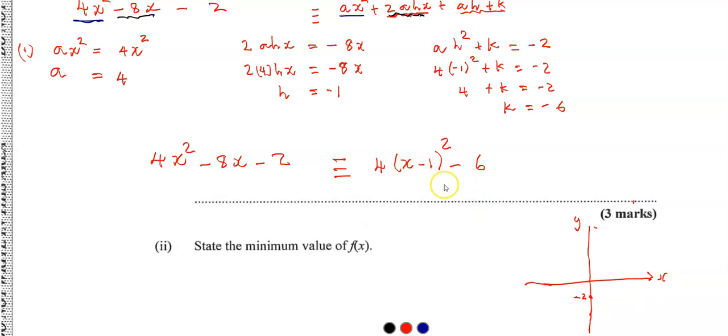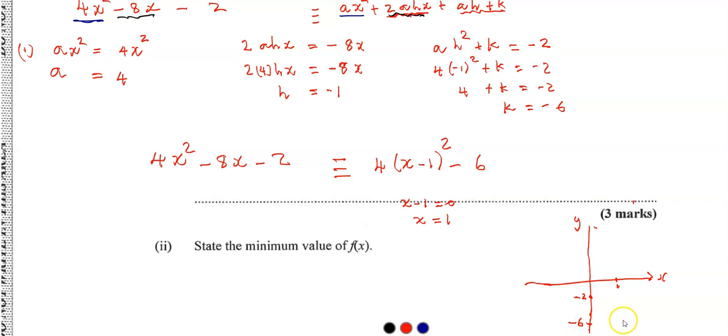x minus 1 here is the equation of the line of symmetry. So that bit there, x minus 1 must equal 0. So we know the equation of the axis of symmetry as positive 1. So positive 1 would be somewhere there on our x-axis. The graph is cutting it here, and the minimum value is minus 6.